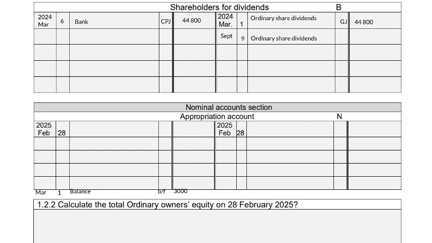General journal. And we're going to take our 320,000 ordinary shares times 6 cents to give us 19,200. And then on the 10th of October, we made the payment to our shareholders for that amount.